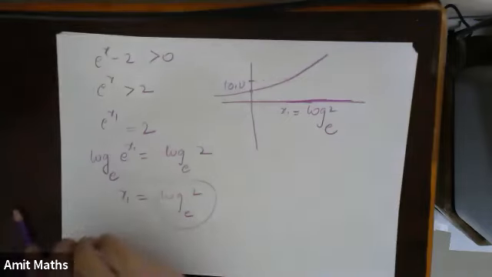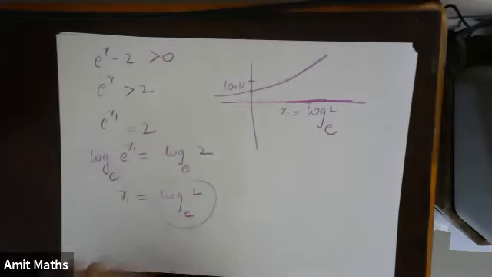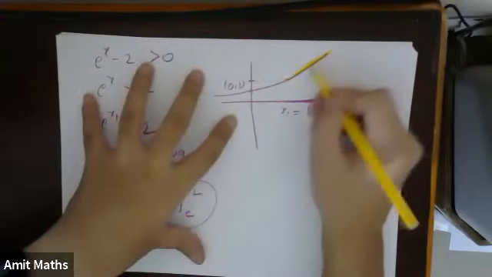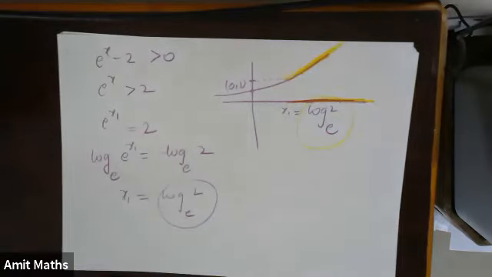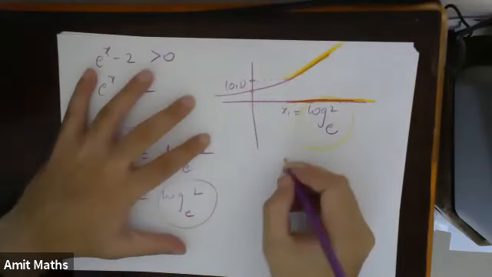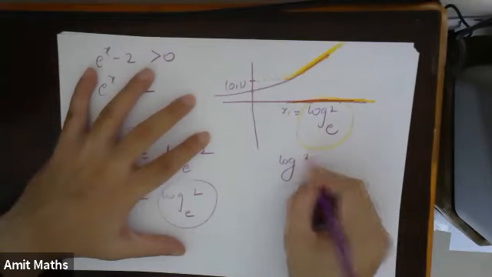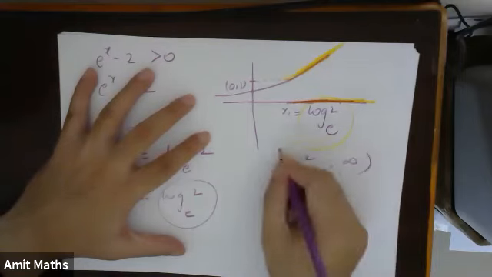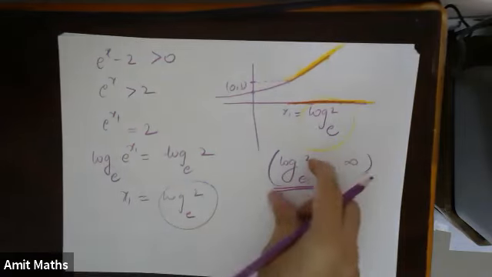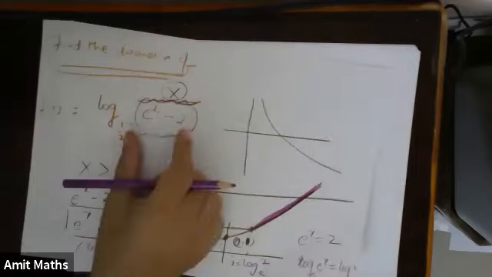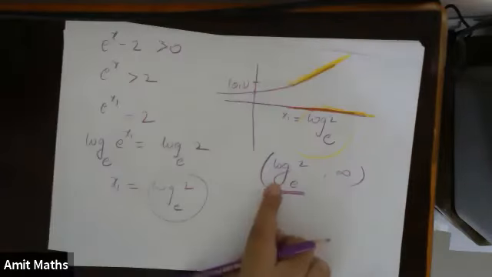It can move up to infinity, because this whole part will become positive. So x moves from log 2 base e up to infinity. So the domain will also be log 2 base e to infinity. This will be an open bracket. Why? Because if I substitute this value, this will become 0, so I will exclude this part.